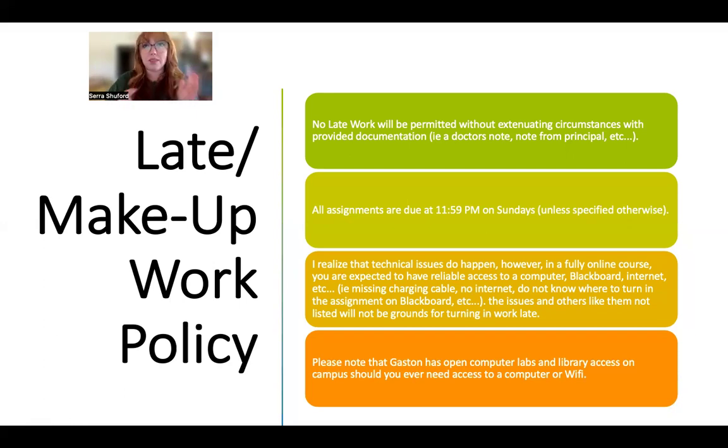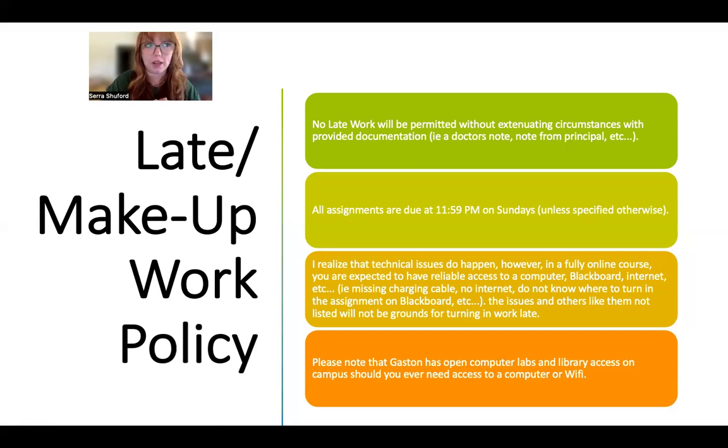Now, this is kind of back and forth. It's a little wishy-washy. Most of the time, and the reason that I have this in here, all of the following issues arise at about 11 o'clock on Sunday night. And that definitely affects my choices and my flexibility with letting you submit late work.